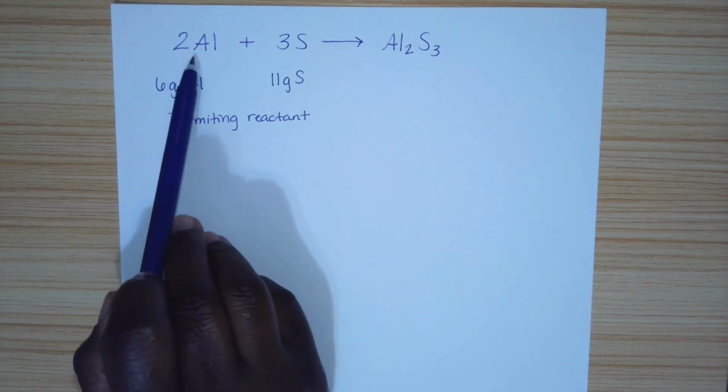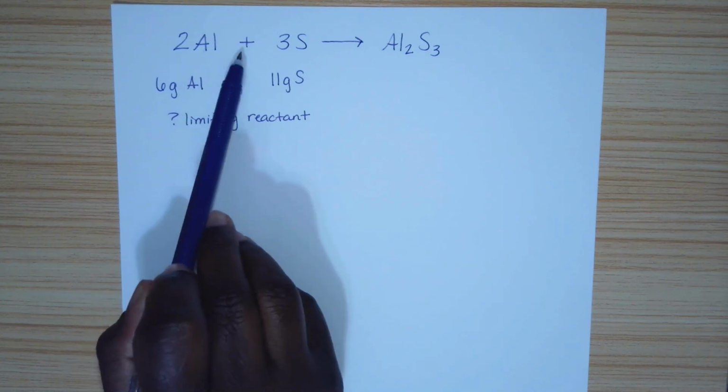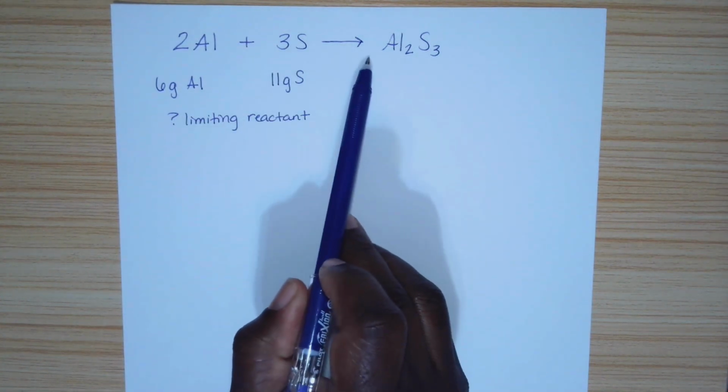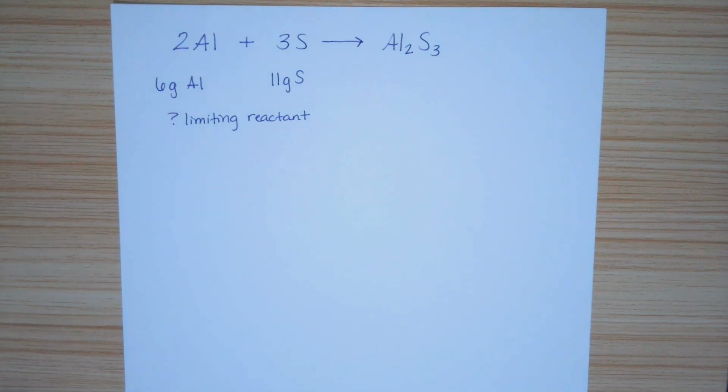So for every 2 moles of aluminum that reacts with 3 moles of sulfur, they will produce 1 mole of aluminum sulfide. And so in order to identify your limiting reactant, figure out based on the amount of aluminum and based on the amount of sulfur, what amount of the product would actually form.